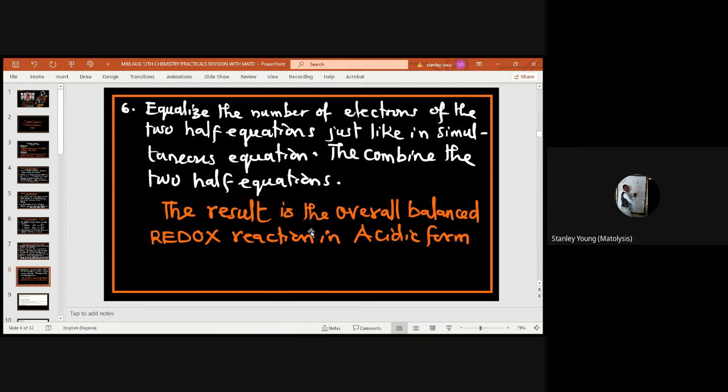This particular video won't be able to solve more questions on redox reactions because that's beyond the scope of this video. But we'll just focus on the one involving the permanganate ion and the iron(II) ion.